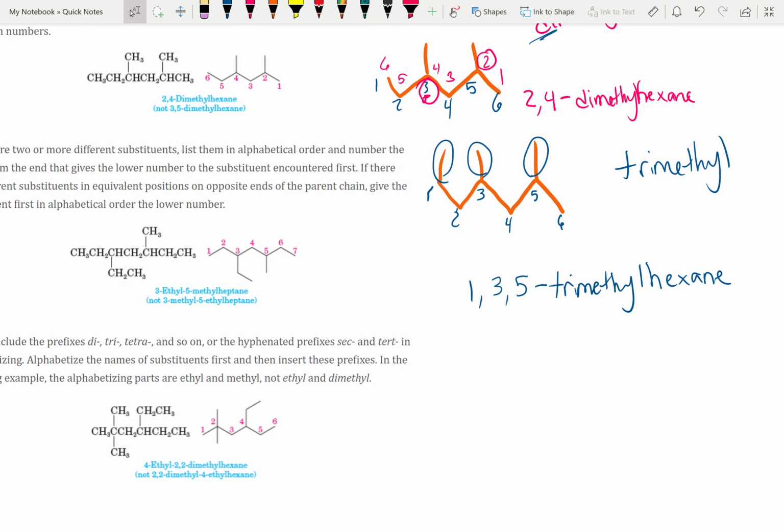So if I work on this problem again, let me do another one. So we have 1, 2, 3. This is the same as before, and then I have another one here, right? So now we have 1, 2, 3, 4, 5, 6.